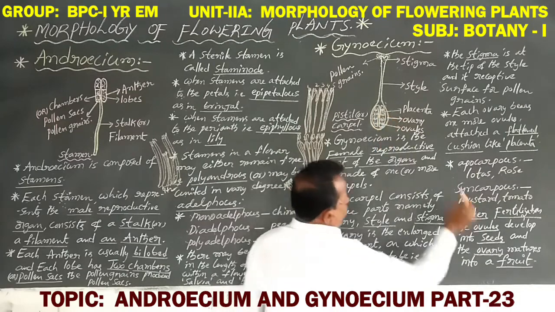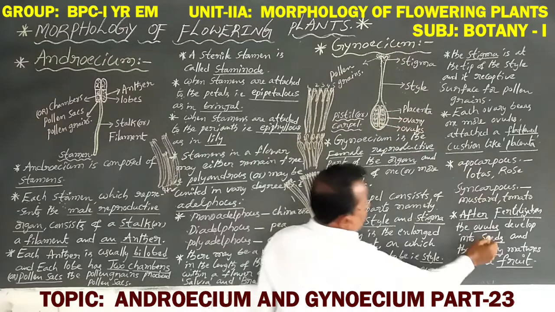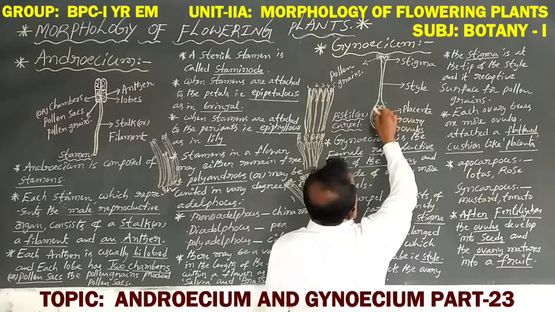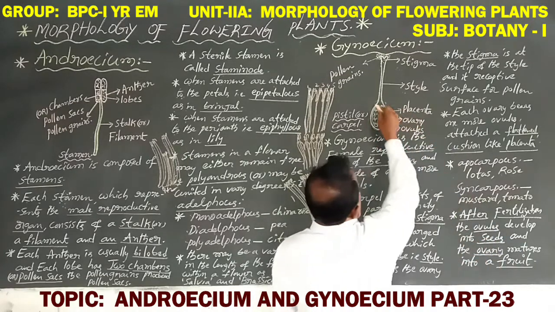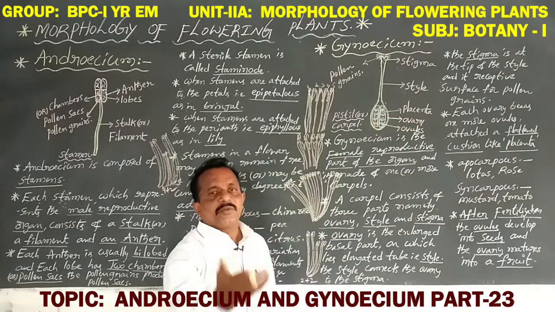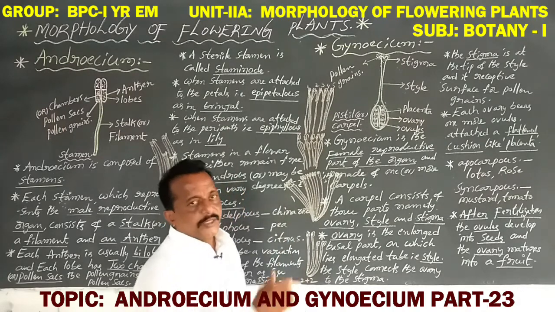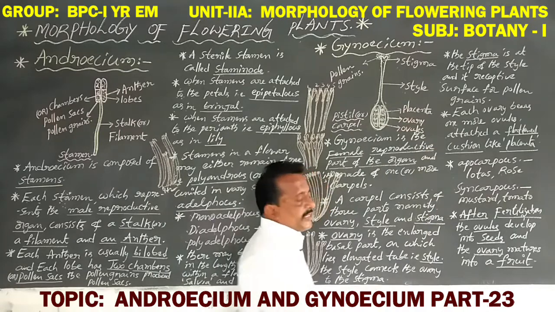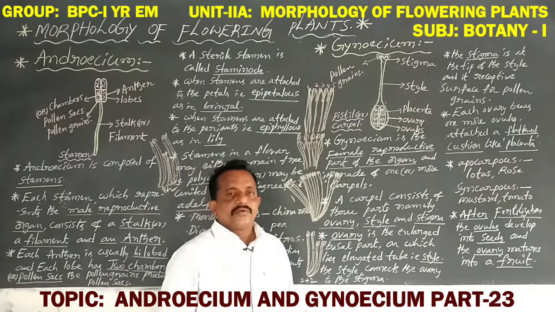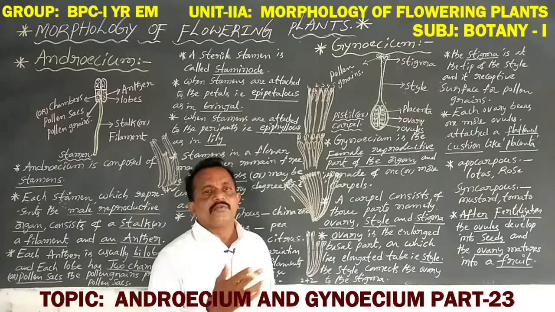So now coming to after fertilization. These are the ovules. After fertilization, the ovules develop into seeds, and the ovary matures into a fruit. The remaining style and stigma degenerate, wither away or fall off.